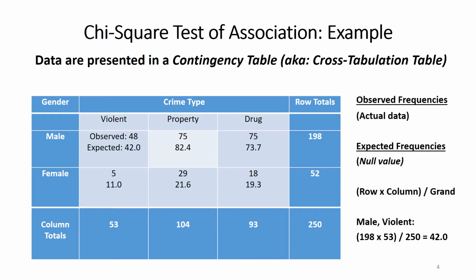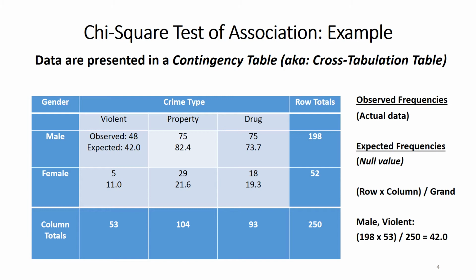So even though, if we look at, say, for example, the male drug offenders, the difference between observed and expected is just roughly over 1 person, right? 75 versus 73.7. The same thing holds true in the female drug offenders, where the difference is just over 1, right? 20.8 and 19.3. So there's not much of a difference between observed and expected frequencies in that particular portion of the analysis.